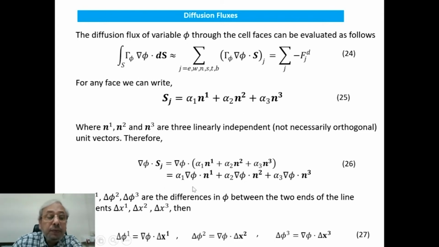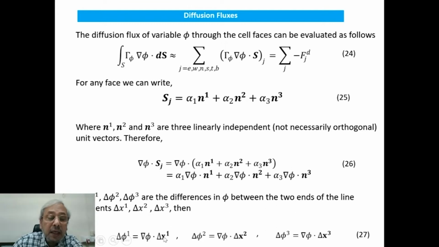Now if we define delta phi 1, delta phi 2 and delta phi 3 as differences of phi between the two endpoints of the line segments delta x1, delta x2, delta x3, then we can write delta phi 1 equal to grad phi dot delta x1.